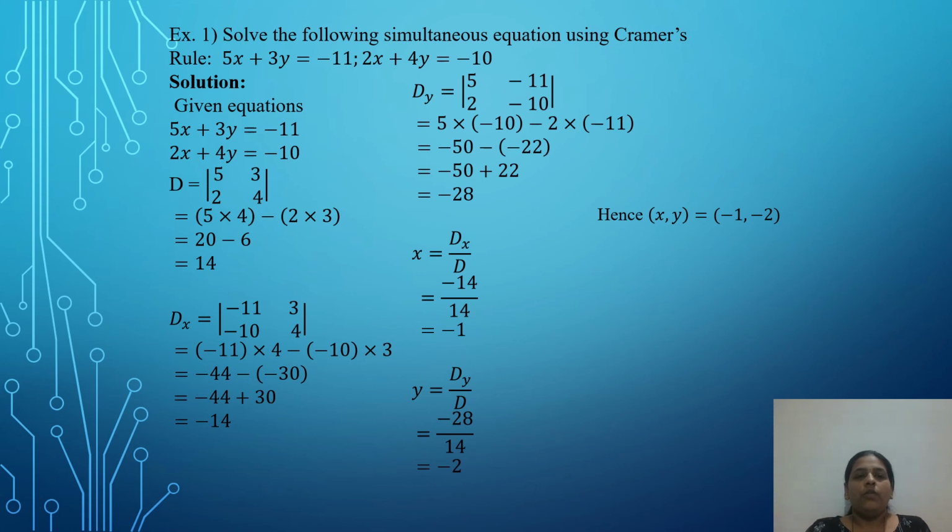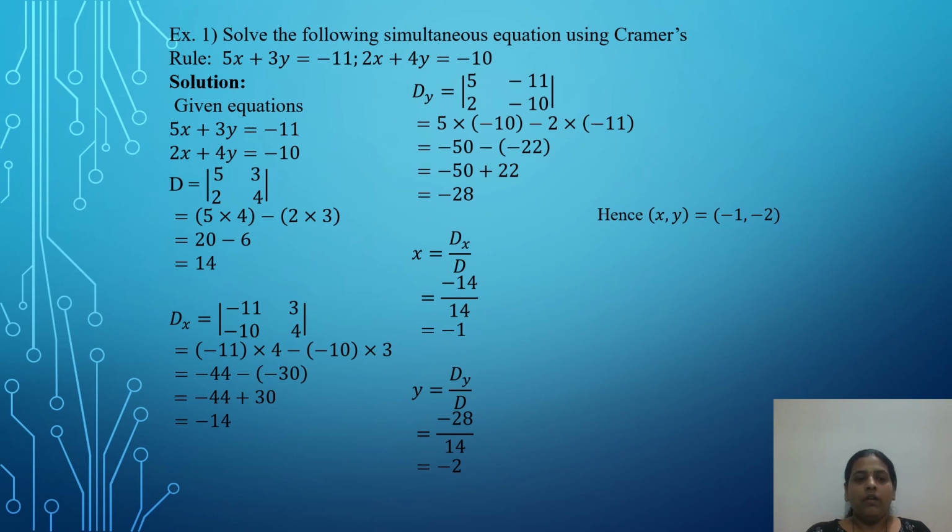So in this way we solve the given linear equations in two variables by using Cramer's rule. The first step is to check whether the given equation is in the form of ax plus by is equal to c or not, and after that calculate the determinants D, Dx and Dy. When we calculate determinant D, omit the constant terms.